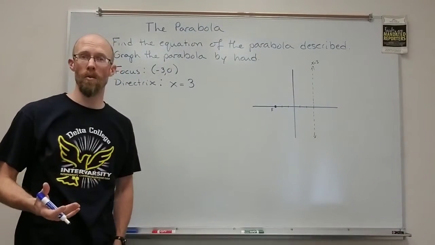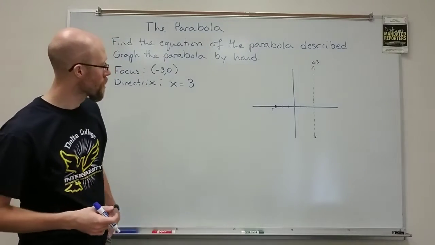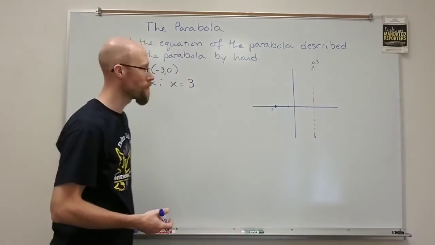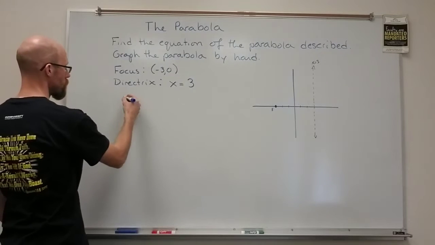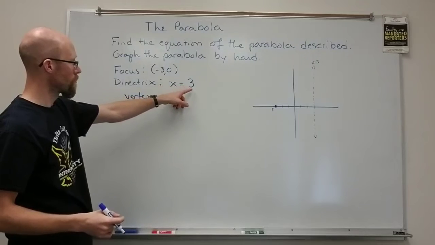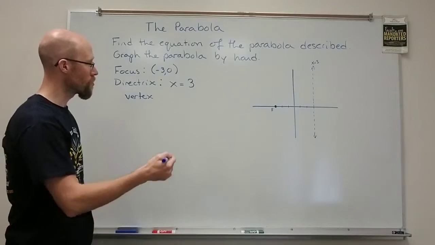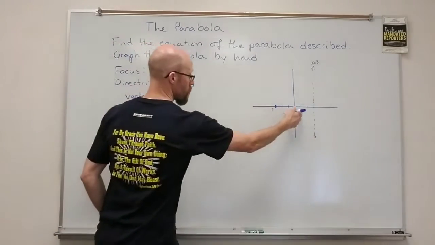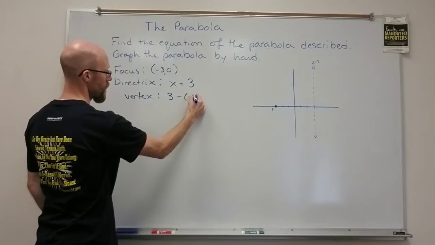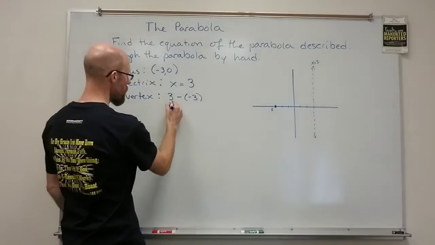Now, one thing I know about parabolas is that the vertex is halfway between the focus and directrix. So I look at the focus, I got the directrix, there's a 6-unit distance between them. And so one way to find the vertex could be to find the average or the midpoint of that distance. To do that, you can subtract those two values, 3 minus -3, final minus initial, and then divide by 2.